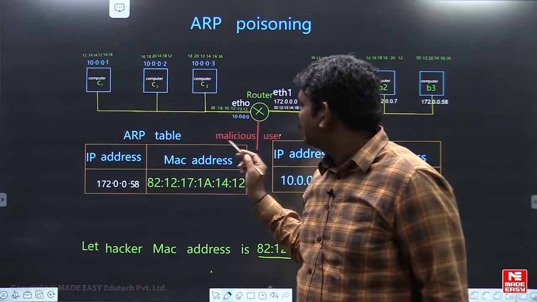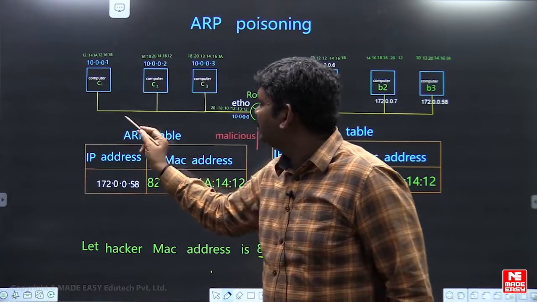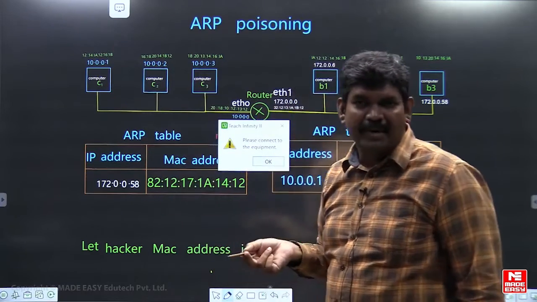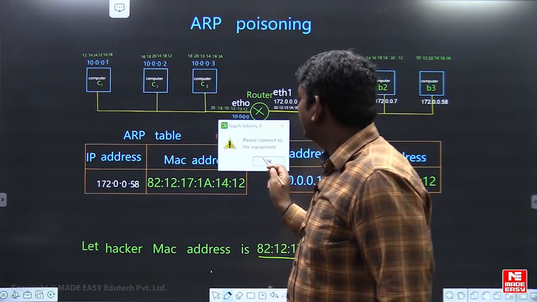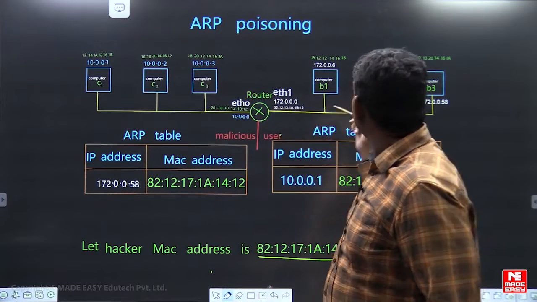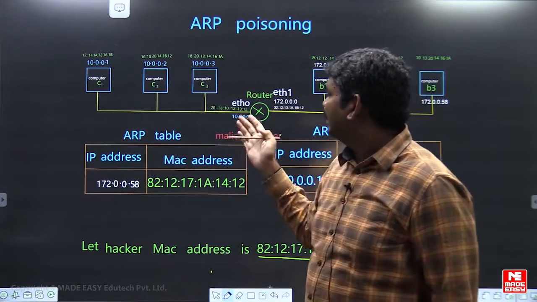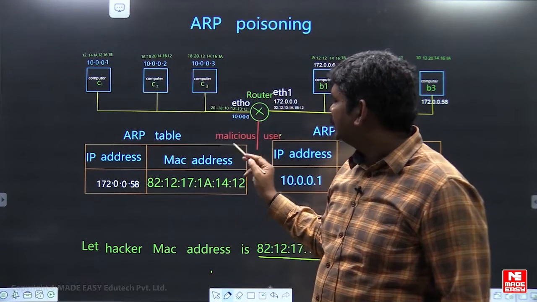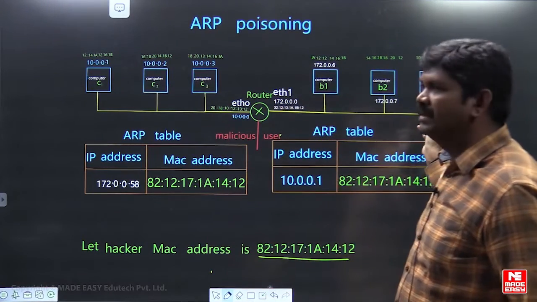See, this is the reply. So this hacker gives a reply to C1, which is called the ARP reply, and the ARP reply is unicast. Then C1 is under the illusion that he has got the MAC address of B3, but C1 has really got the MAC address of the hacker.